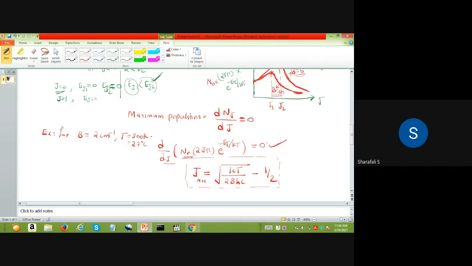So at 300 Kelvin, what will be the population for J equal to 1, that is, the number of molecules in that particular level with J equal to 1?